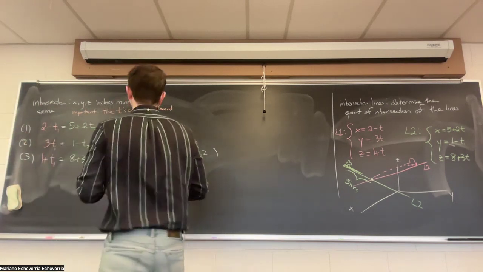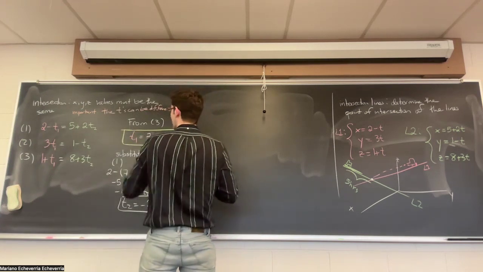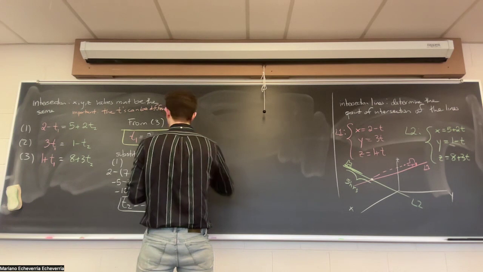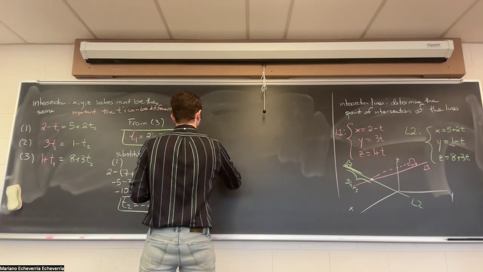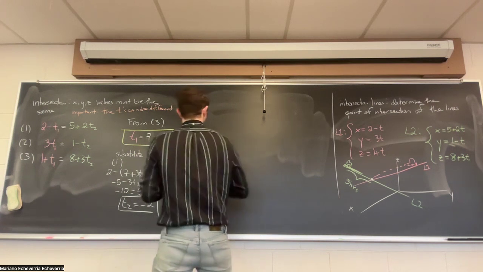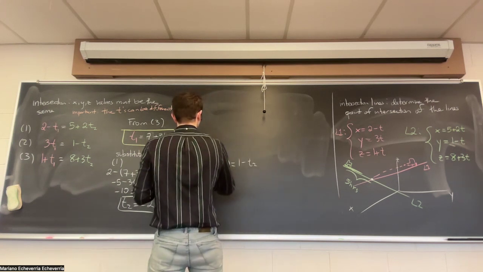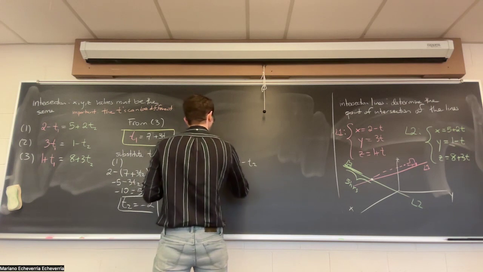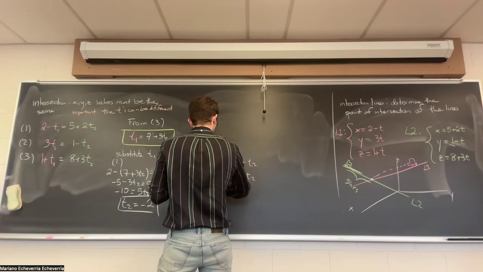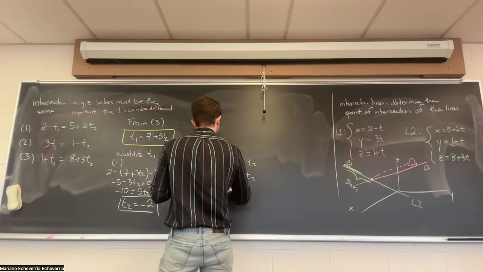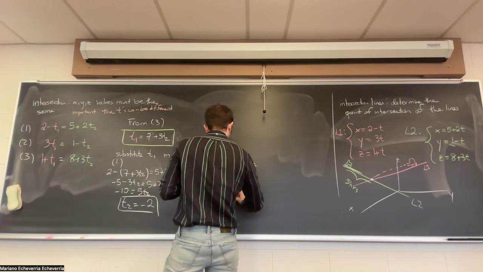So what happens if you plug T1 into equation 2? You get 3 times 7 plus 3 T2 equals 1 minus T2. And so that means 21 plus 9 T2 equals 1 minus T2. So let's put it like 10 T2 equals negative 20. So T2 equals negative 10.